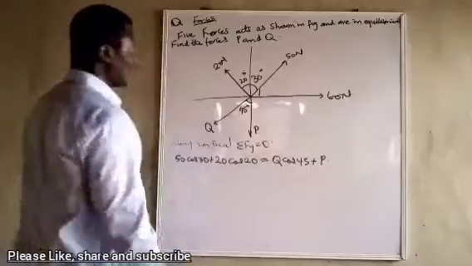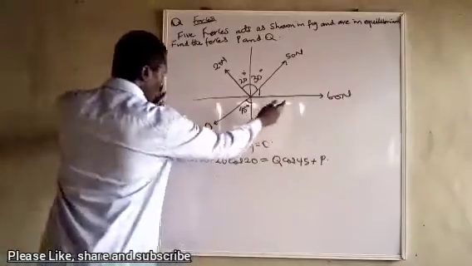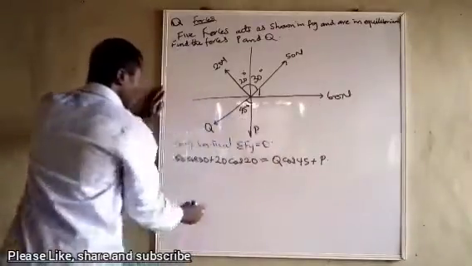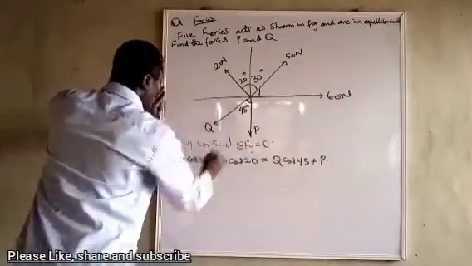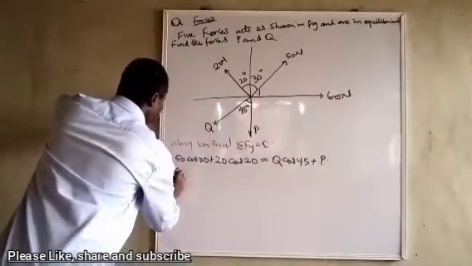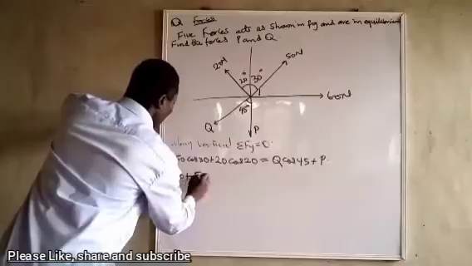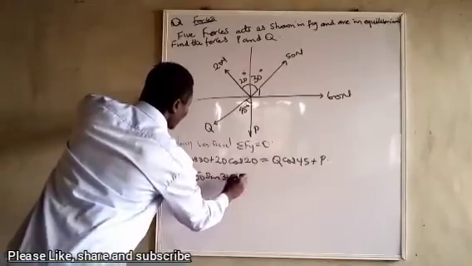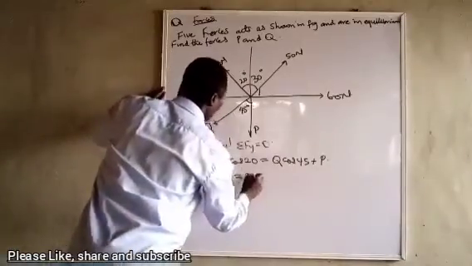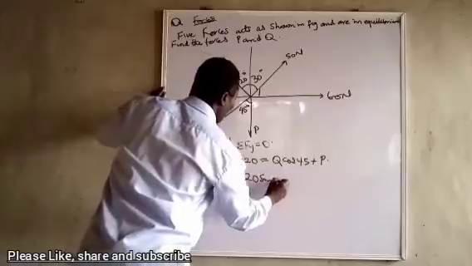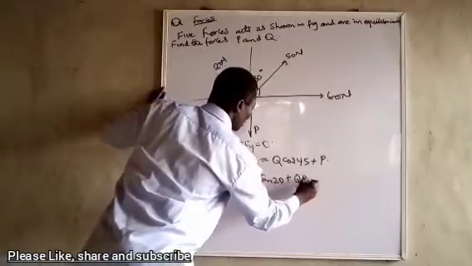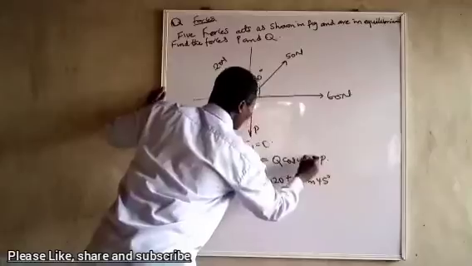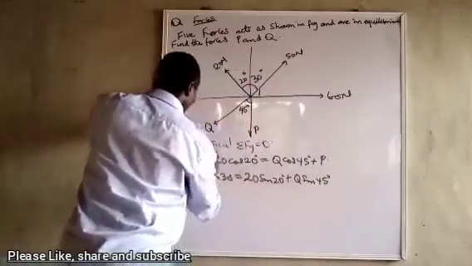For horizontal direction, this one does not have vertical component at all, and this one does not have horizontal component at all. So I'm going to have 60 plus 50 sine 30 is equal to 20 sine 20 plus Q sine 45 degrees. These are degrees.